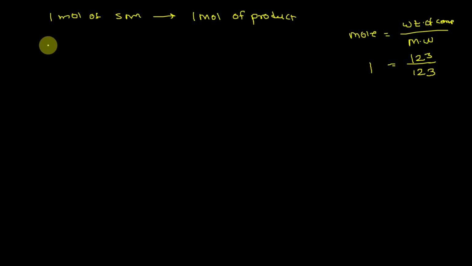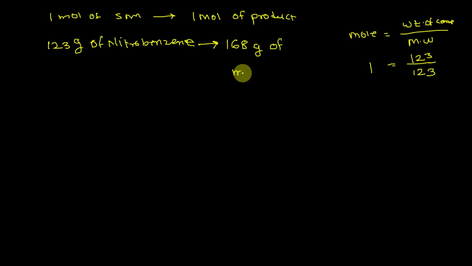So if you take 123 grams of nitrobenzene, you will get 168 gram of metadinitrobenzene, right?